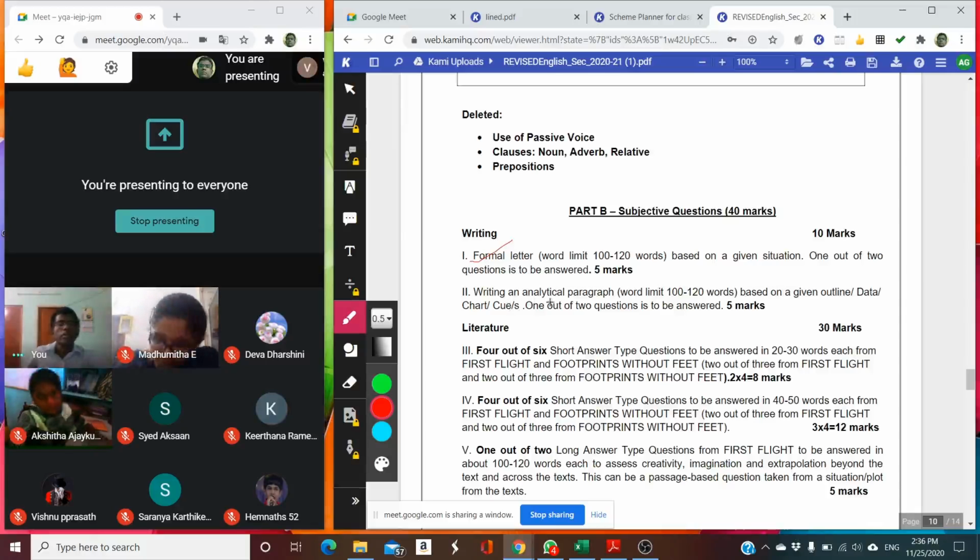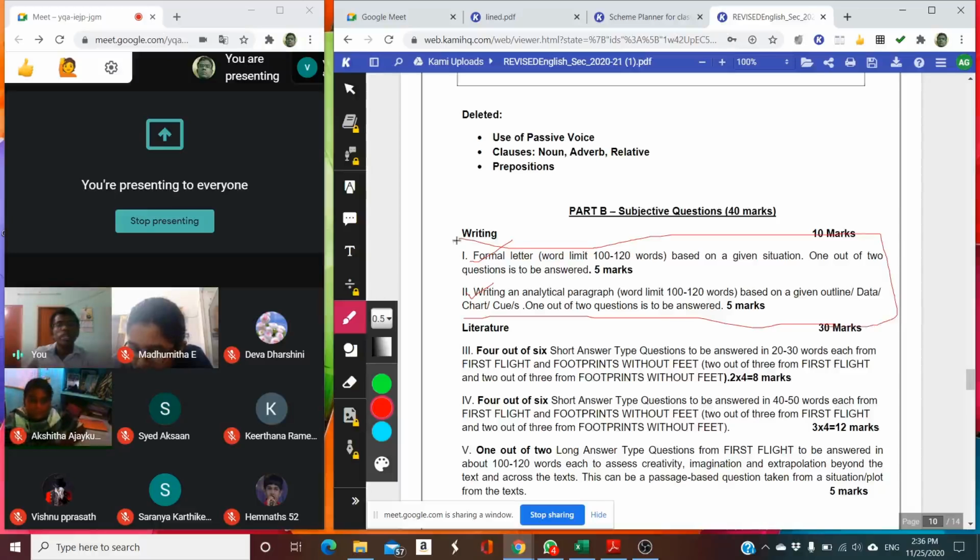Writing an analytical paragraph, 100 to 120 words, based on a given outline or data or chart or cues. 1 out of 2 questions is to be answered. Now I am going to talk to you about these two, formal letter and analytical paragraph. This is what the board has suggested, the prescription of the board. You have to be ready for these two for writing composition.